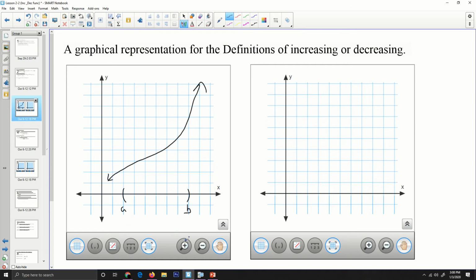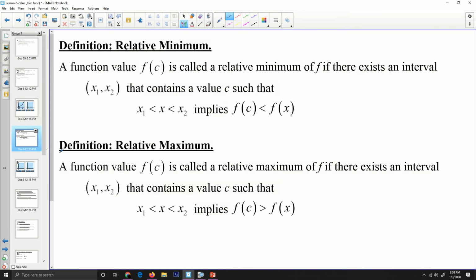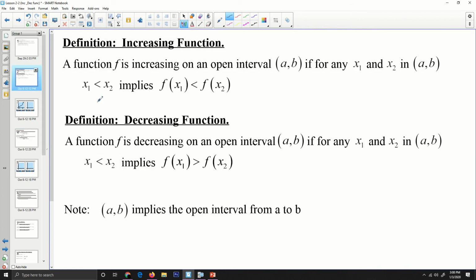So let's go back to the definition. Here is my function. That looks like it's increasing. And so if I pick any two values, x1 and x2, such that x1 is less than x2, so let's pick two and label them properly.